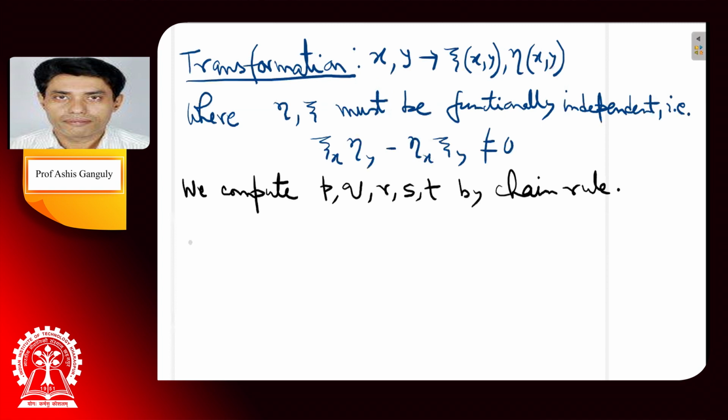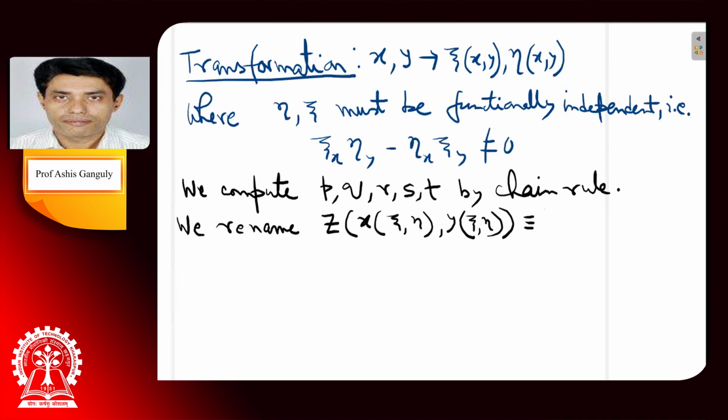First we rename z, which was a function of x, y, but x is now a function of xi, eta, right? So I rename it as zeta, which is a function of xi, eta. Okay. So we will use the chain rule.